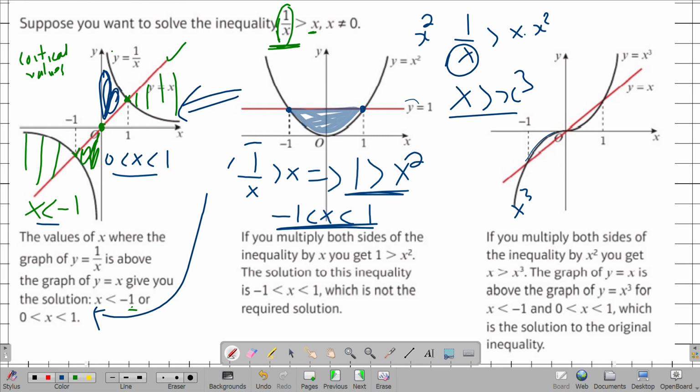Our critical points will be this point, and this point, and this point. And we are interested in interpreting the part at which x is greater than x cubed. So in other words, we are interested in interpreting the part at which the red graph is towering above the black graph, which is this part here, and this part here.